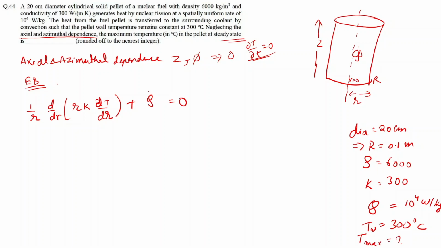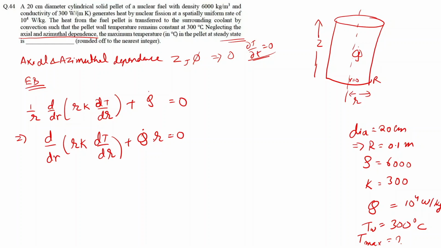So let's just solve this equation to find the temperature profile. Once we have the temperature profile, we can differentiate it with respect to r and equate that to 0 to find the maximum temperature. We can simplify this and write it as d by dr of r k dT by dr plus Q dot r is equal to 0.